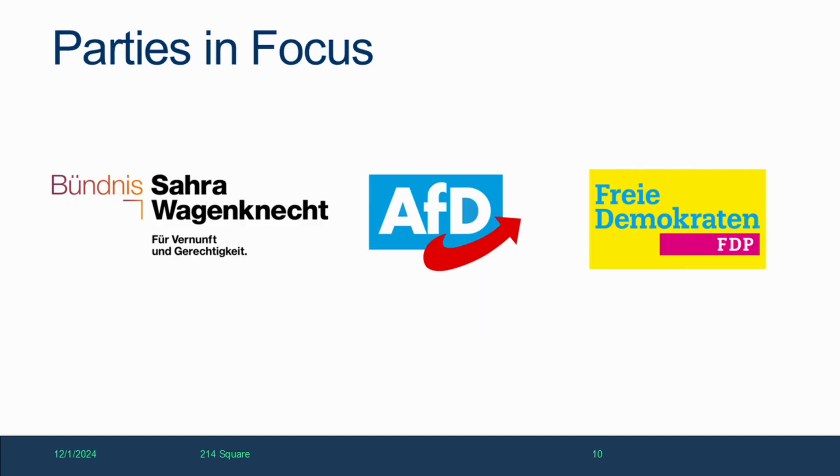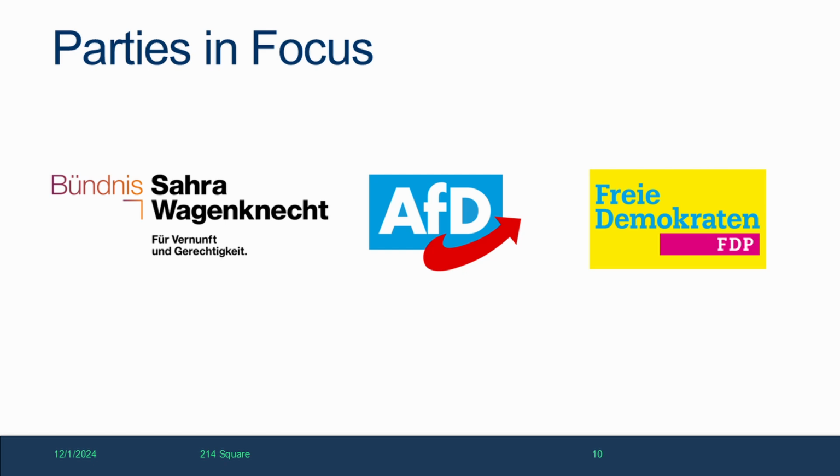Interesting at the moment, of course, will be the Bündnis Wagenknecht. We want to see how this new party will perform in the Bundestag election, and even if they will remain an important voice in politics in Germany. Same with AfD. They are already a strong voice in Germany for a longer time.